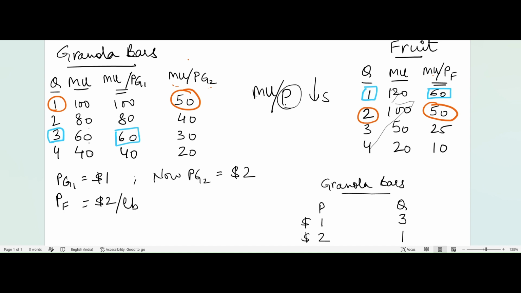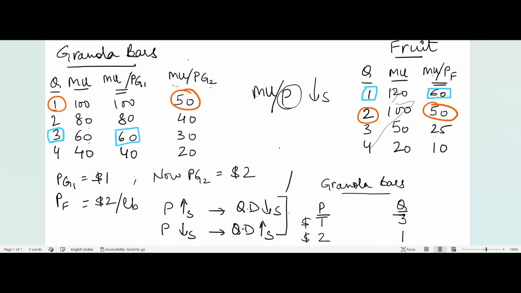Do you understand this? Right? So that's the basic idea behind the inverse relationship between price and quantity demanded. As the price of the product increases, the quantity demanded for that product decreases. If the price of the product decreases, the quantity demanded for that product increases.